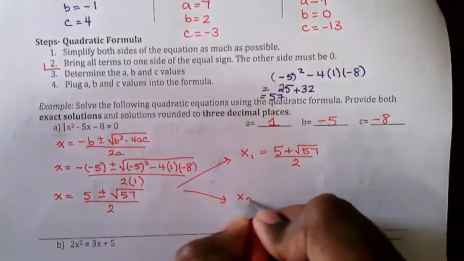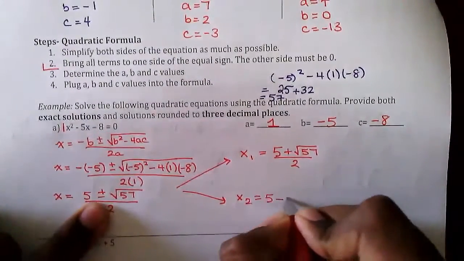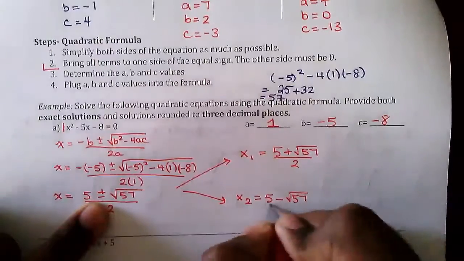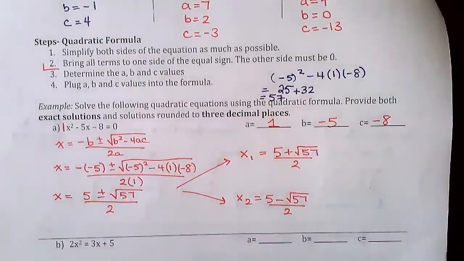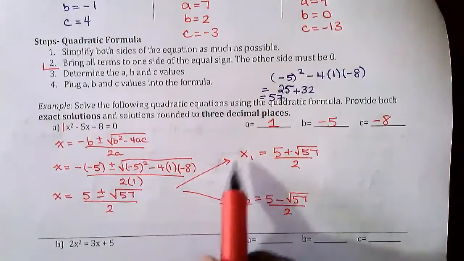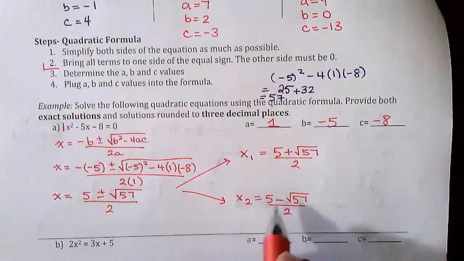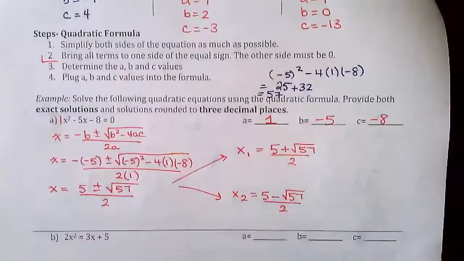And x2 is going to be 5 minus root 57 divided by 2. Because we have to take the plus and minus version, we're just splitting it, where one version we take the plus root 57, and the second version we take the minus root 57.